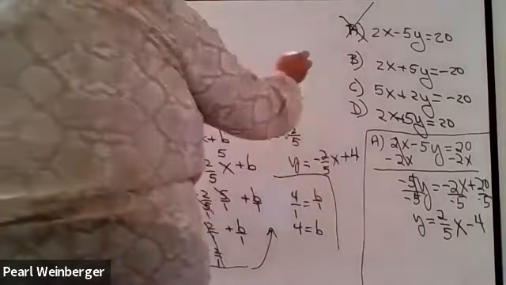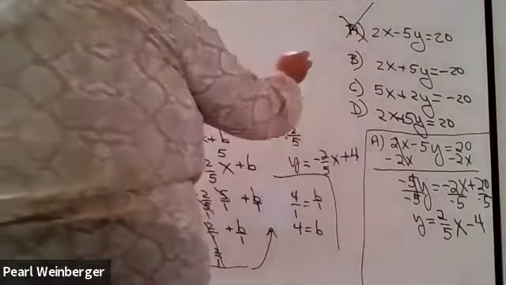Alternate method. Here we started with the answers and got the answer in the y equals mx plus b form so we could compare it. The other method we could have done is to take the answer that I got, which was y equals negative 2/5 x plus 4, and put everything over 1.